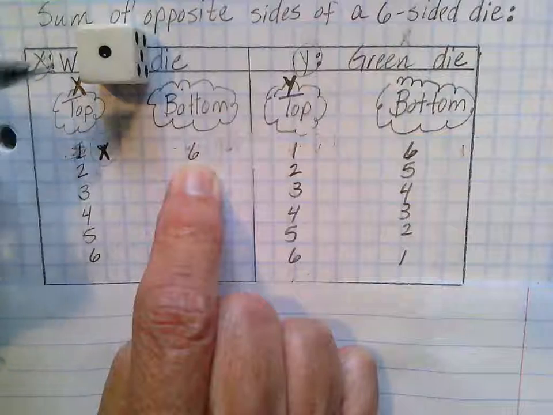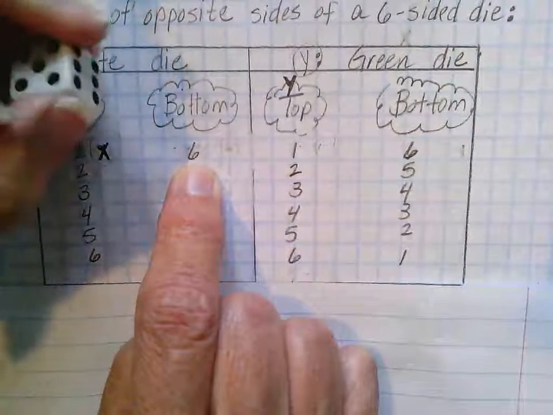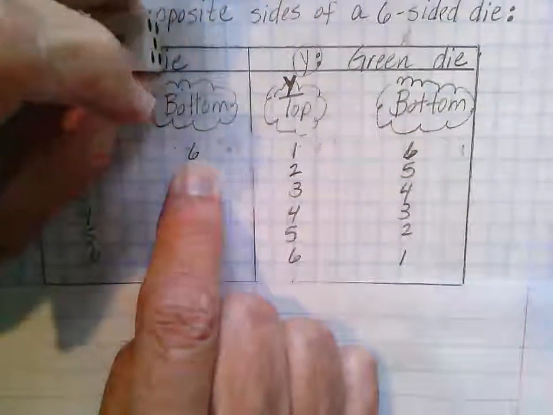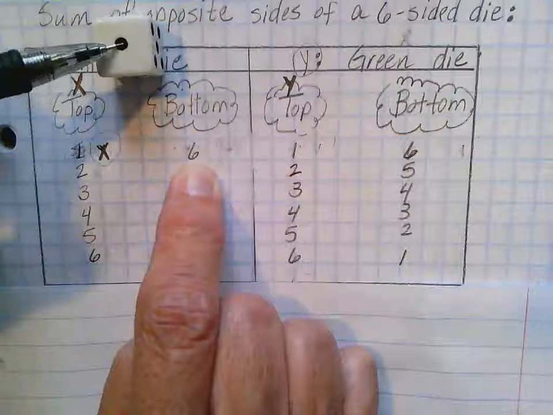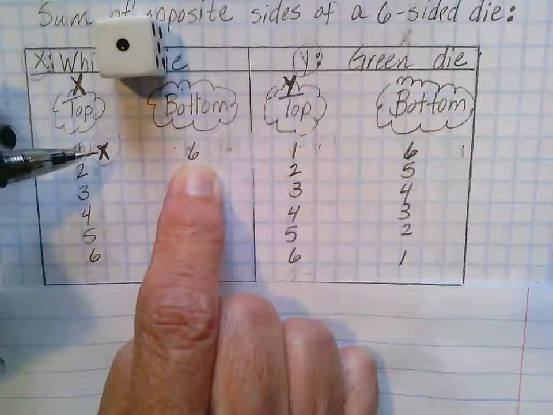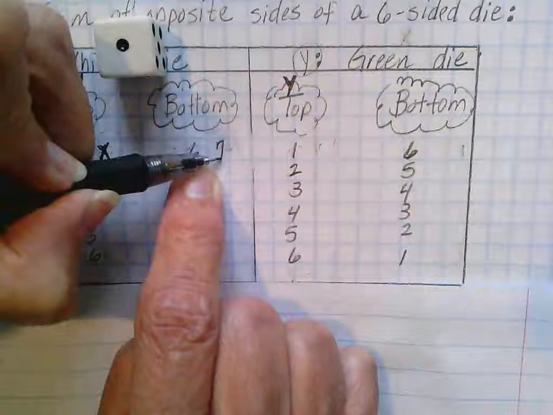Well, I know that the sum of the top and the bottom numbers is always going to be 7. So I can get a 6 by taking 7 and subtracting the X value from it.